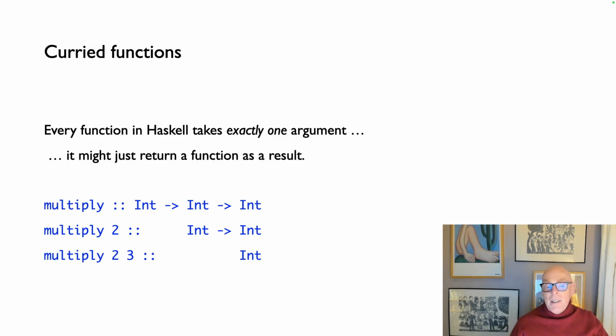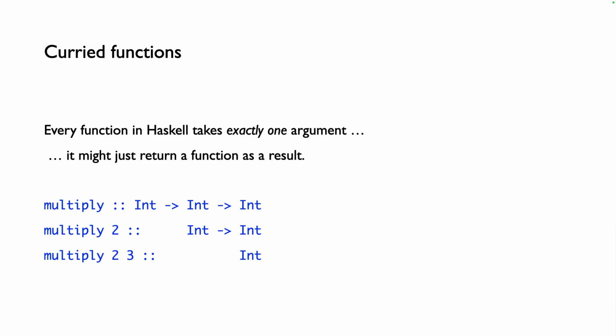So the curried idea is that it's sort of a pun on the British number one food, curry. So the functions are curried to make them more spicy, if you like. They just take one argument, whatever. So that's what's underlying this.